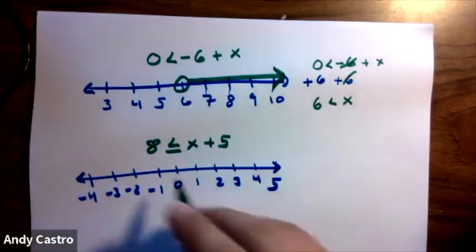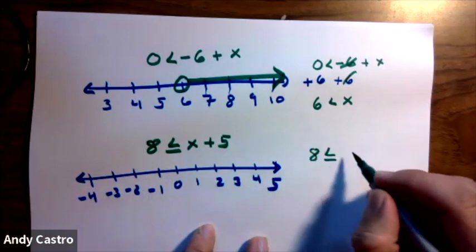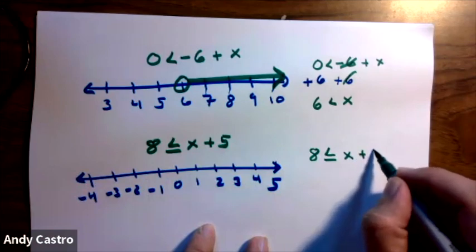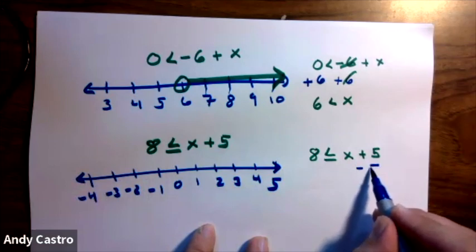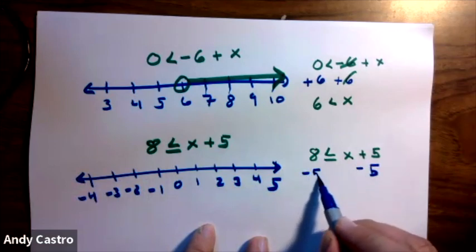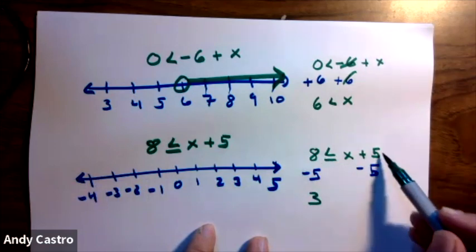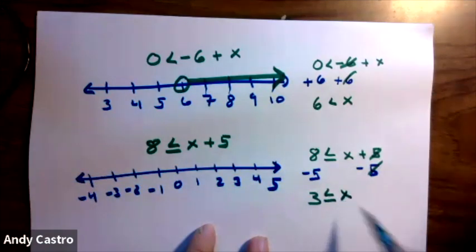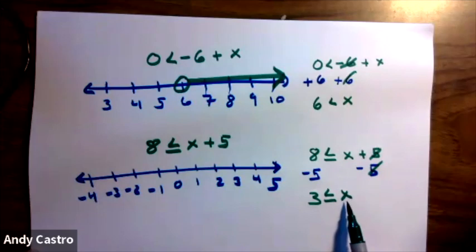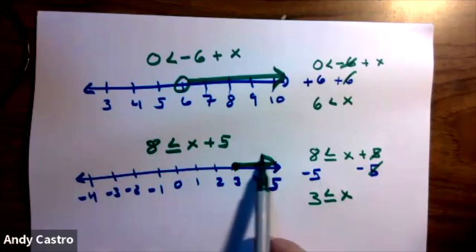Okay, so I'm going to rewrite my inequality over here. 8 is less than or equal to x plus 5. And I'm going to subtract 5 from both sides. And that on the left is going to give me 3. And here it's going to cancel. So 3 is less than or equal to x. So x is greater than or equal to 3. So it can be 3, and it's anything greater than.